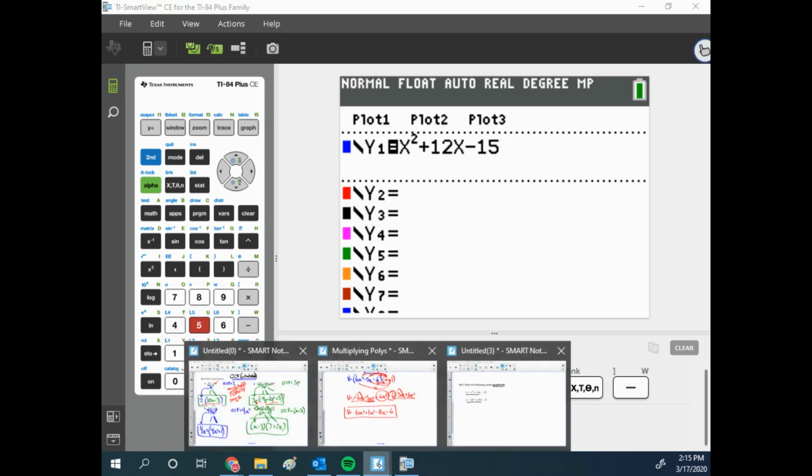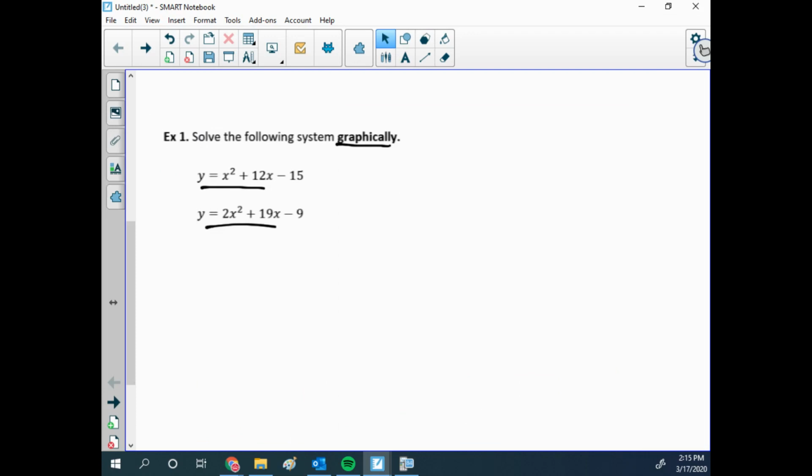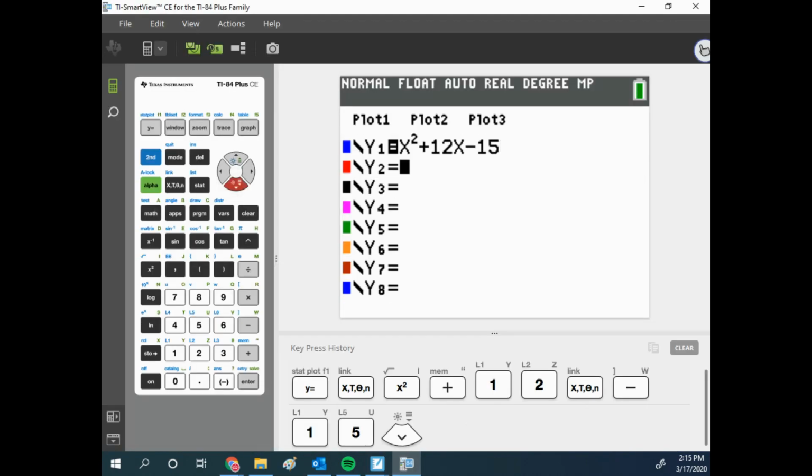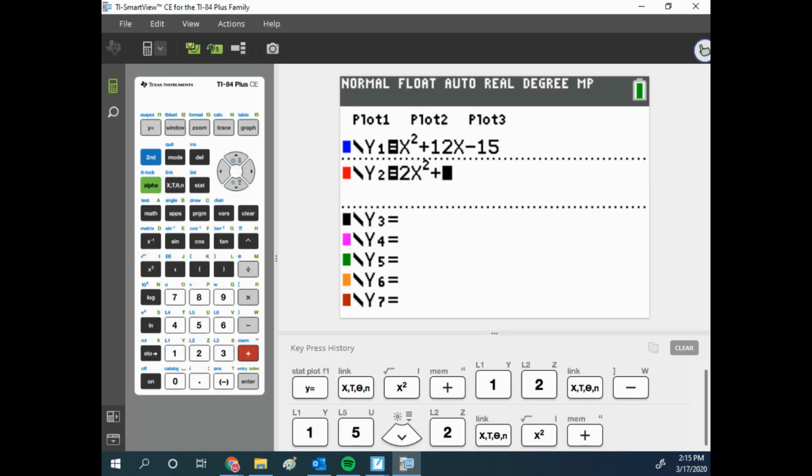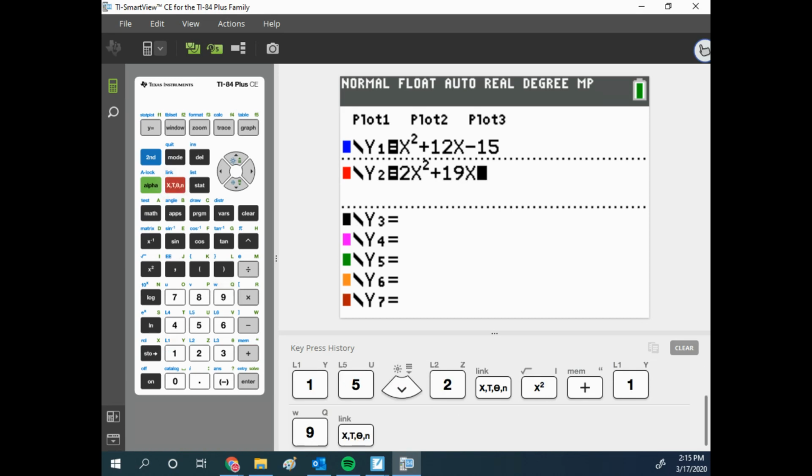And my second equation is 2x squared plus 19x minus 9.